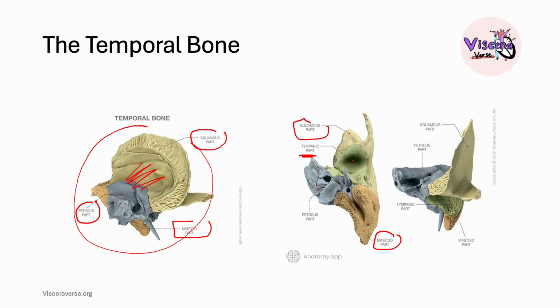Here we have the mastoid part and the petrous part. And an important process we're going to talk about later on in this video is this styloid process. Again, here we're looking at the lateral side being here and the internal side here. Again, the squamous part, the petrous part, the mastoid part, and the tympanic part in green, as you can see here.